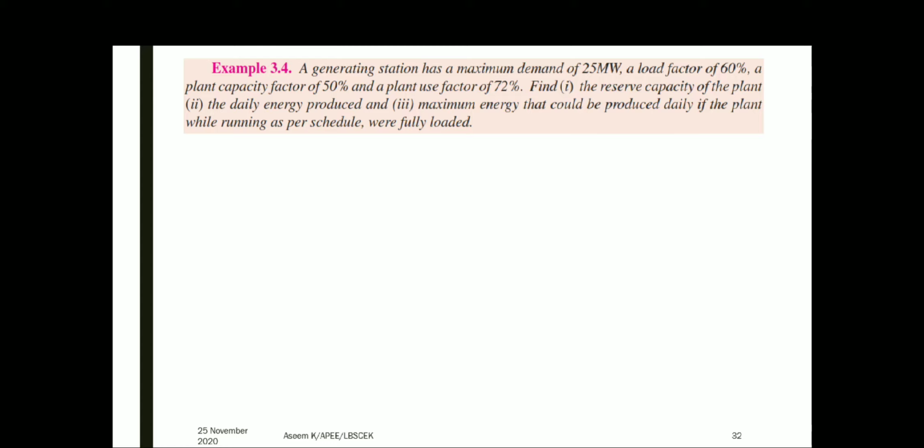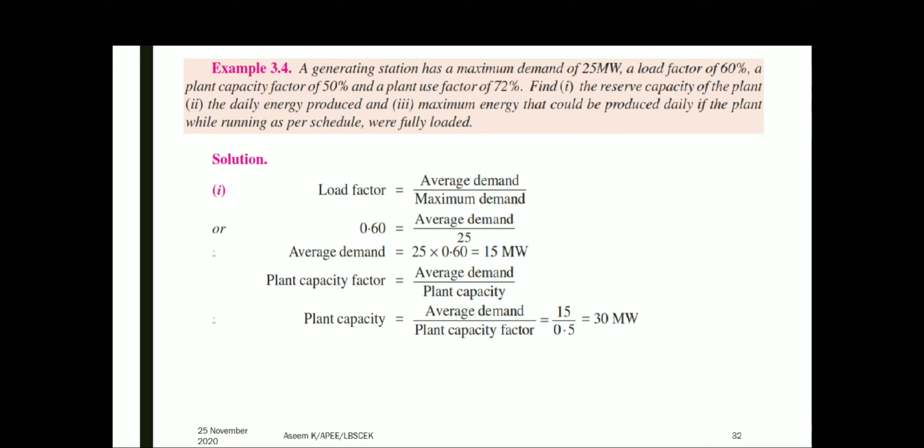Average demand you can calculate from the equation of load factor. Load factor is given as 60%, and load factor is average demand divided by maximum demand. So 0.6 equals average demand by 25. So average demand is 15 megawatt.